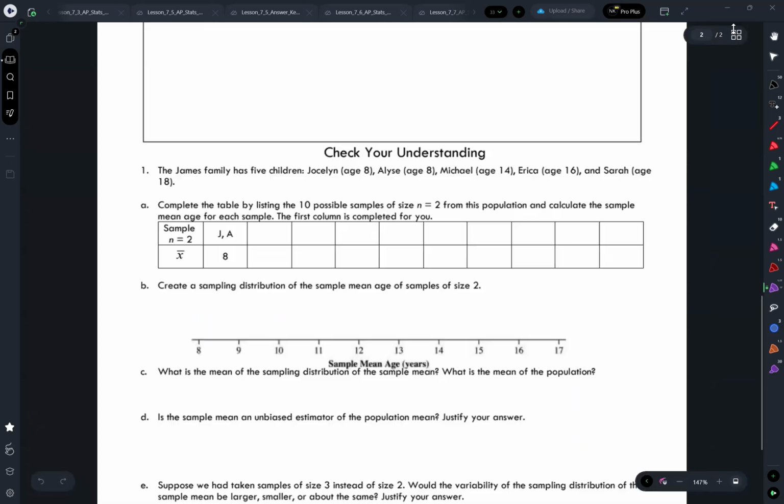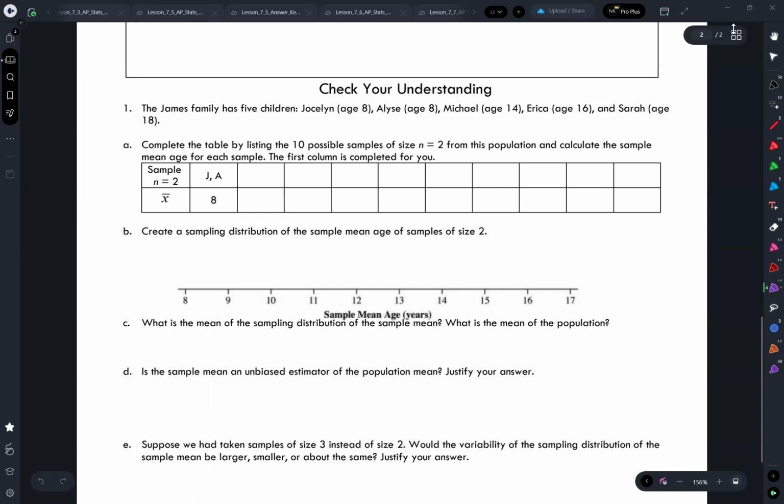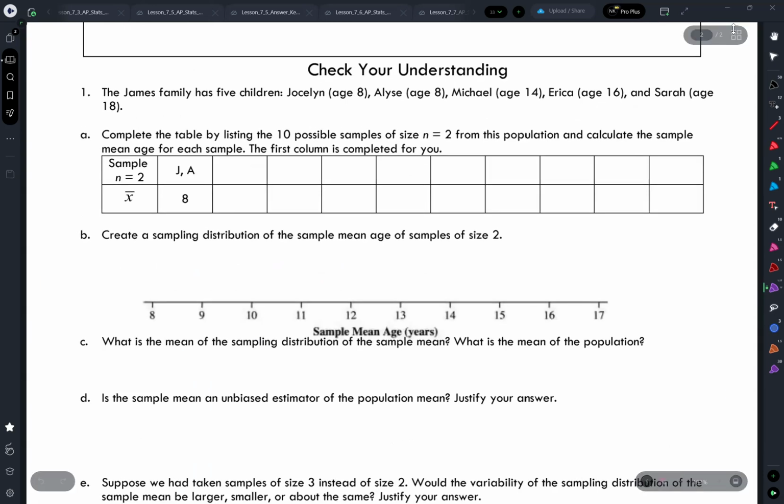Check your understanding for the second set. The James family has 5 children: Jocelyn, age 8, Elise, age 8, Michael, age 14, Erica, age 16, and Sarah, age 18. Complete the table by listing the 10 possible samples of size n equals 2 from this population. Calculate the sample mean age for each sample.